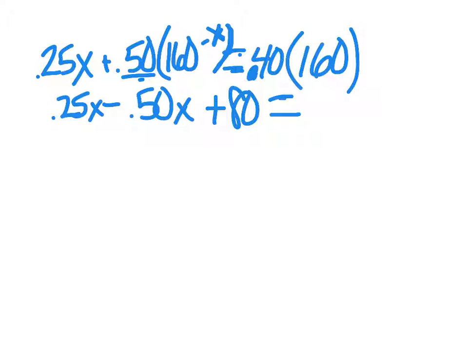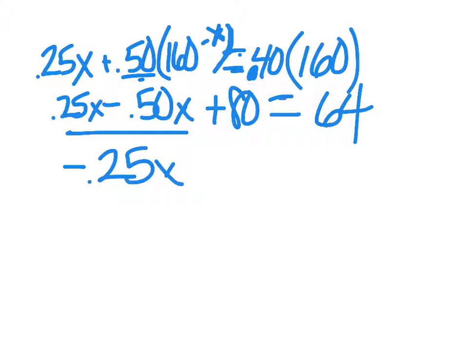Over here on the other side, I have the 160 times 0.4, that's going to be 64. Alright, and again, you got to keep straight which one is x, which one's not when we're done, but for now, I know that this simplifies to negative 0.25x. I'm going to subtract 80 from both sides, and I end up with, I believe that's 16, negative 16.